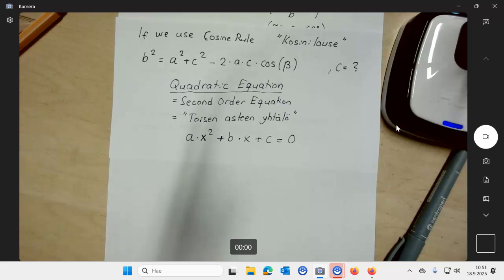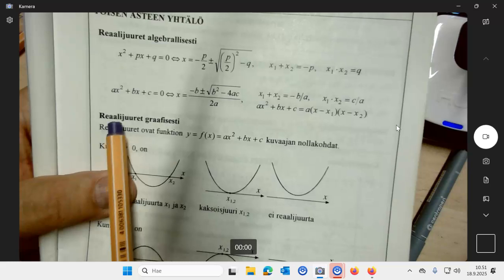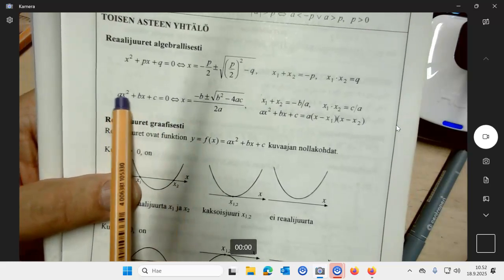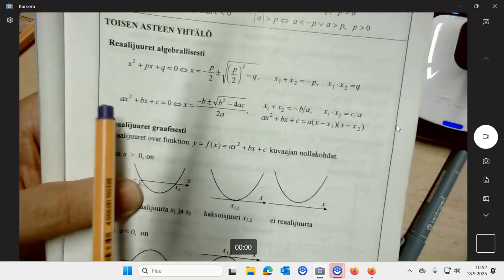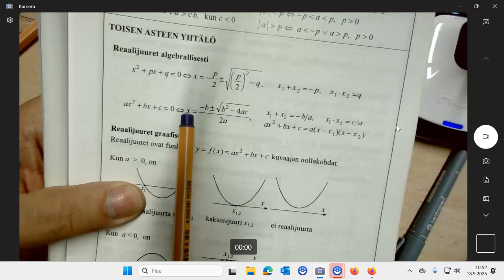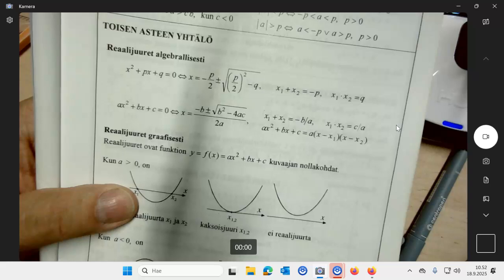Somehow, yes, but of course we have these formula books. So here it is said that if we have this kind of equation, or an equation that can be written in this form, you get the solution by using this formula. It's okay to use those.